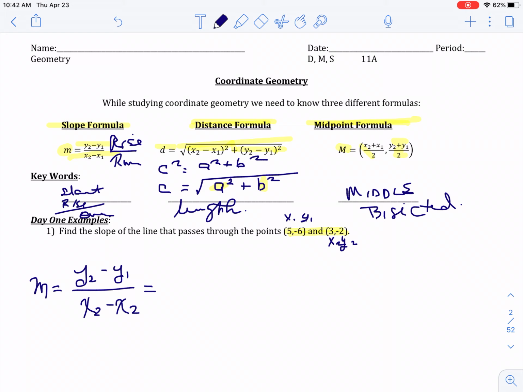Okay, so my y values, if I start with this -2, I'm going to have -2 minus -6. So just be careful because this double negative is going to become a plus. All right, so -2 minus -6, over 3 minus 5.